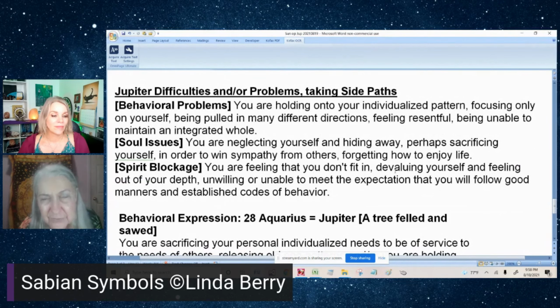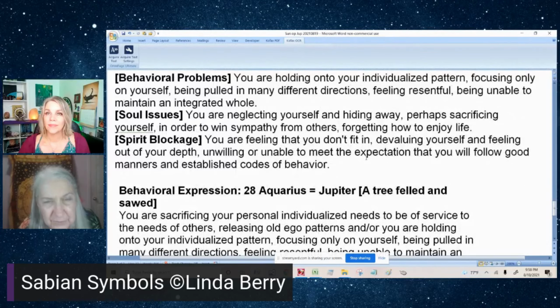On the soul level, there's a danger of you neglecting yourself or hiding away. On the spirit level, a feeling again of not being able to fit in, devaluing yourself and feeling out of your depths. There's a core thing here about recognizing your worth and the worth of others. And it says you're going to block yourself off if you think you're not worth anything.